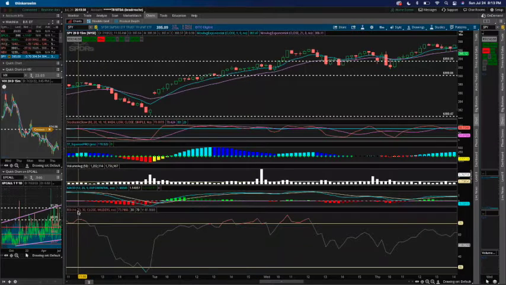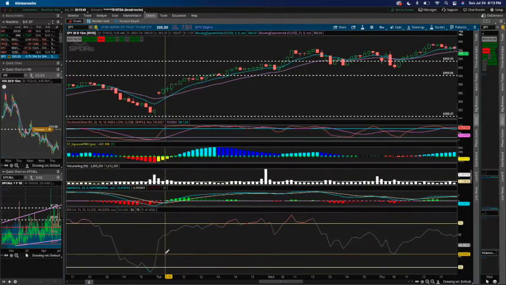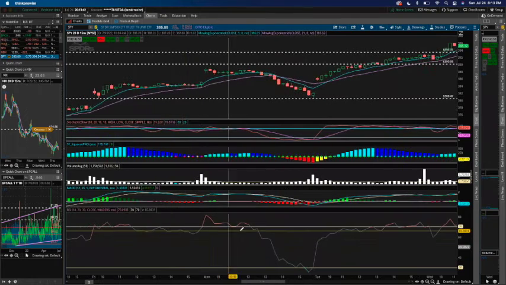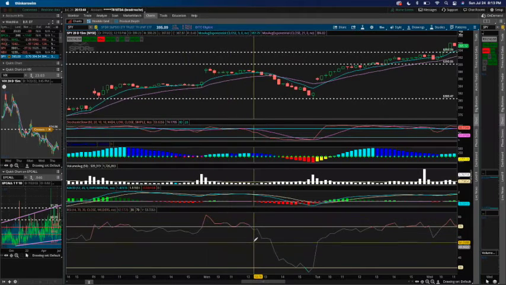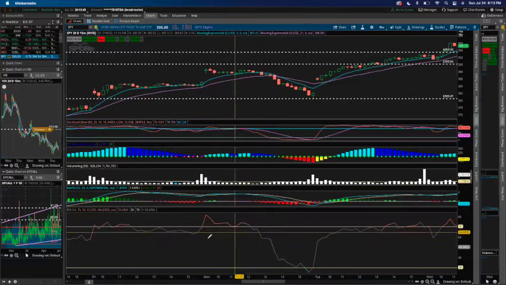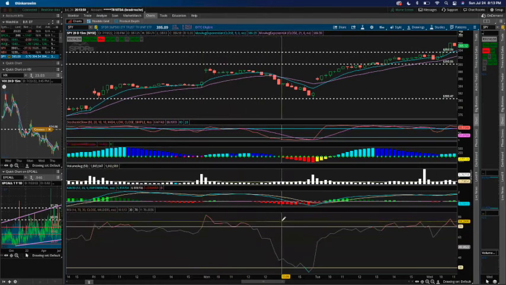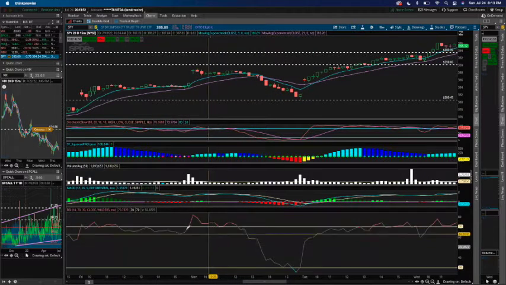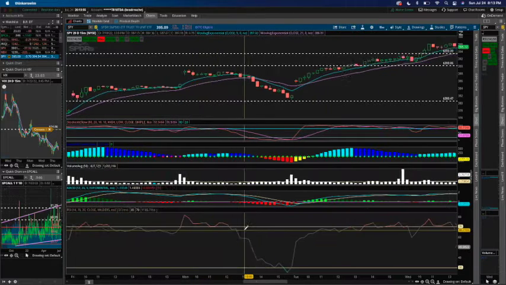Okay, so basically what we're looking at here, this is a very beginner indicator. Someone that's beginning trading, looking to learn more about trading, will probably be directed to the RSI. I personally do not use it. I don't like it that much, but it's a good thing to take note of.